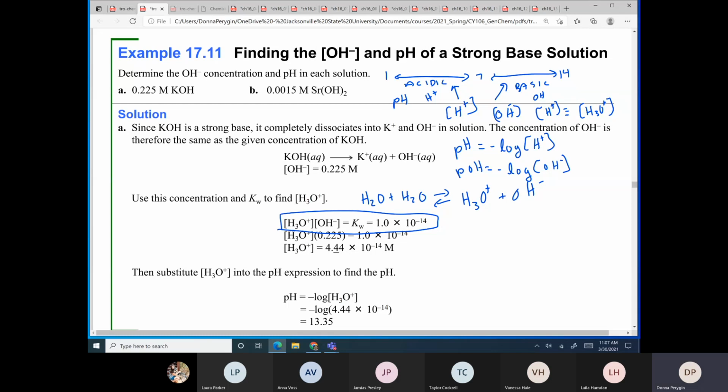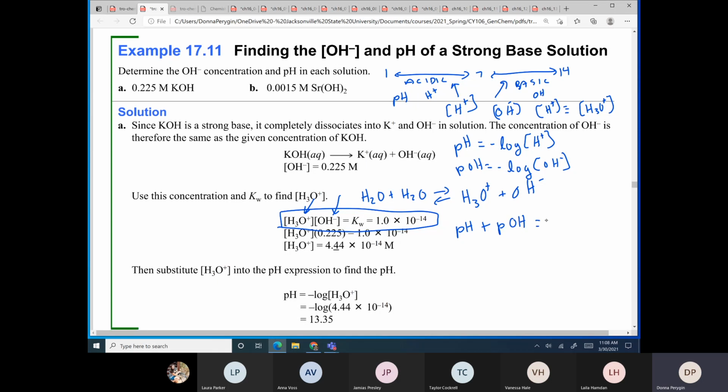Okay, and we could do some derivations there that will show us if we solve for H3O plus, okay, and then if we solve for OH minus, we can get another relationship. We can relate that to the pH. In other words, the pH plus the pOH is equal to 14. Okay, so keeping all of these relationships in mind, we're going to work some problems.